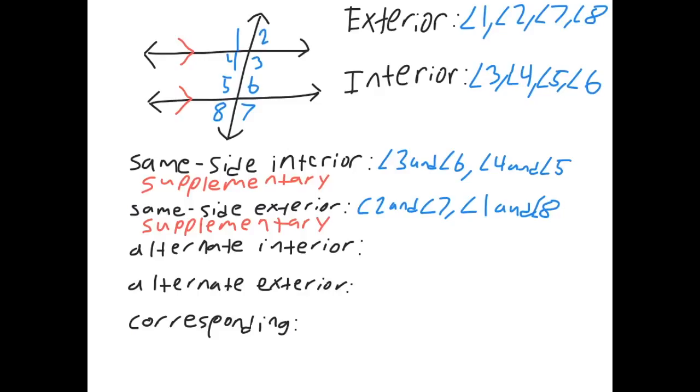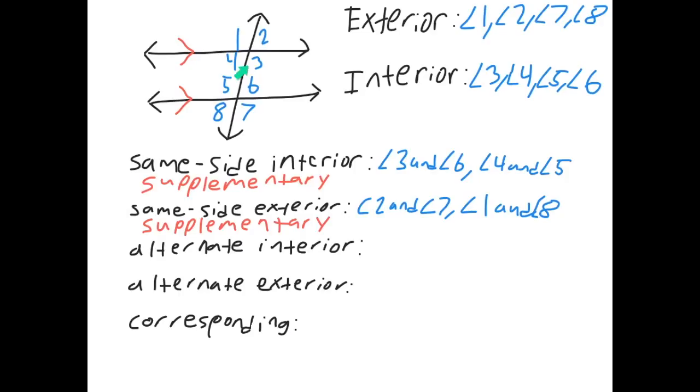Next we have the alternate interior angles. So these are angles that are in the interior, so in this area, but they are on alternate sides. But they're not on the same parallel line. So if you look here, angle 5, its alternate is angle 3.